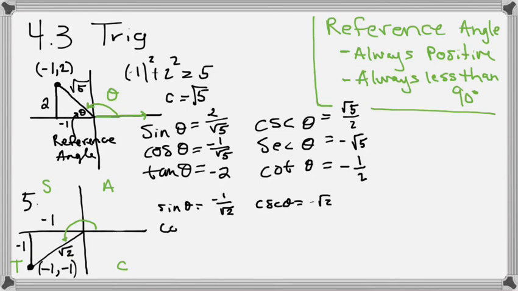What about cosine? Same thing, because this is what kind of triangle? Good. It's a 45, 45, 90 triangle because that's the only right triangle that both legs are the same number. -1, -1. So this one turns out to be negative square root of 2 as well. What about tangent?